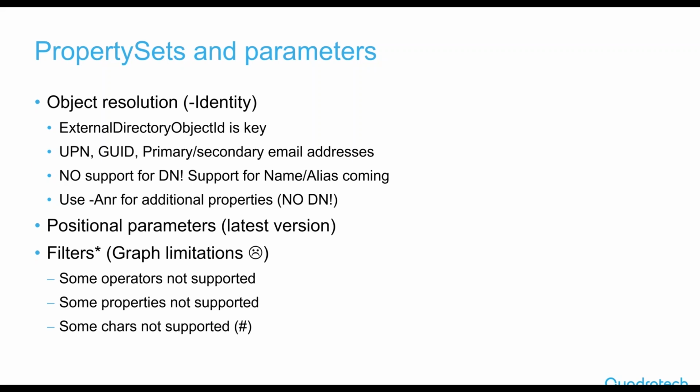But you can use some others like the UPN, Exchange GUID, or the primary or any of the secondary email addresses. If you want to use something like name or alias or additional properties, you can use the -ANR parameter. Again, the team is working on expanding this list for the future.